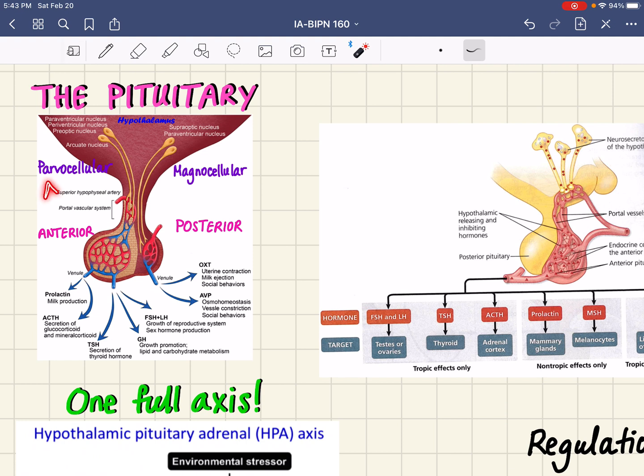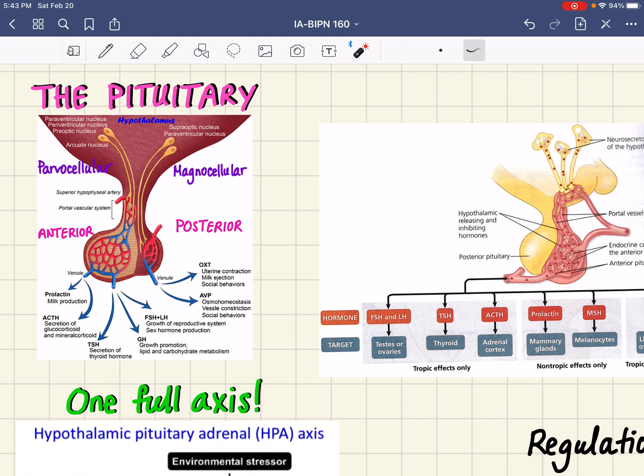So that's the anterior pituitary, and the posterior pituitary contains the magnocellular neurosecretory system. And this system contains these much larger neurons. It doesn't show the difference in this picture, but these magnocellular ones are supposed to be a lot bigger than these parvocellular ones.